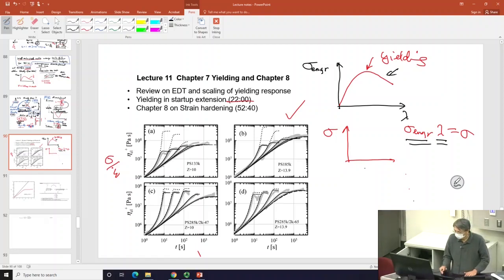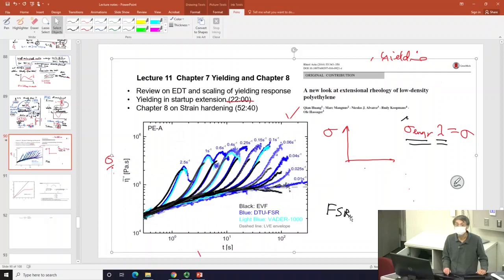In any event, I feel guilty not to show you the tons of data that typically is represented in a different way than what I present. So this is how you do it, and typically, in fact, this was done with FSR, the one we just reviewed last lecture. So if you're not convinced, this is just another set of the same thing.